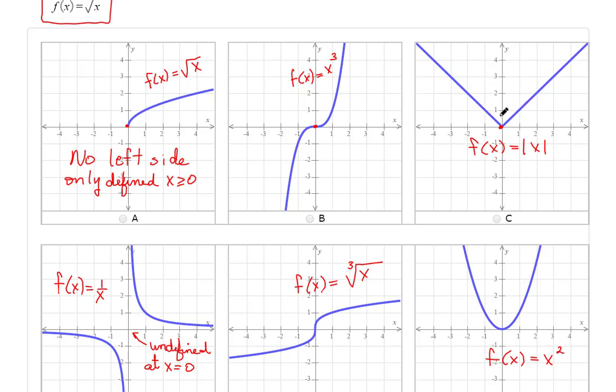And if you look at each one of these branches, this branch here is f of x equals x. It's just the diagonal line. Let's see if I can write that a little more clearly here. So this branch right here is f of x equals plain old x.